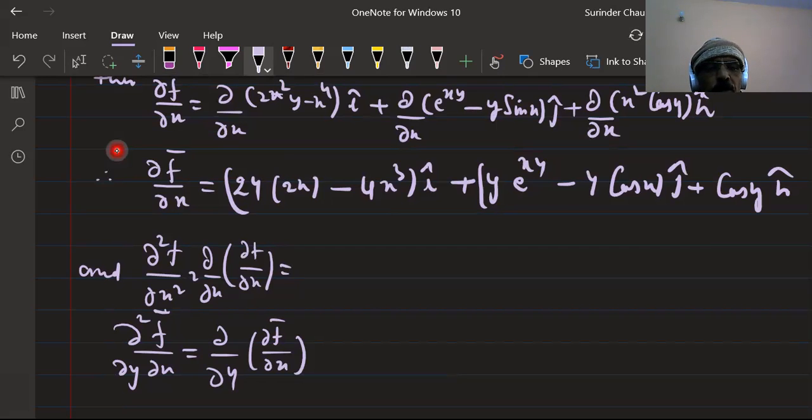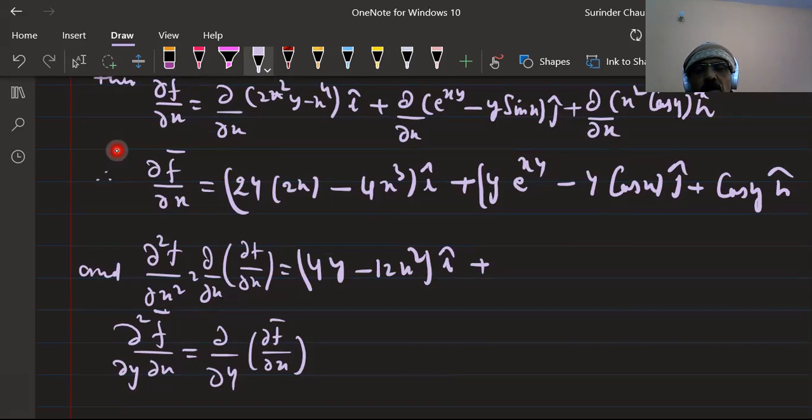Now the second derivative: differentiate this with respect to x again. This is a constant, so the derivative is 0.